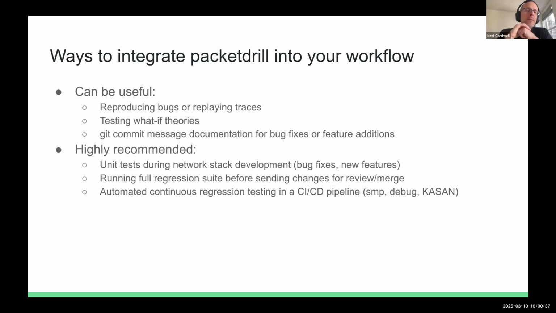We do find it very useful to use Packetdrill in the following three ways. First, we find it really useful for creating unit tests during network stack development. So whether you're fixing a bug or adding a new feature, it can be useful to make sure that your feature is really behaving exactly as you expect on a packet by packet level or system call by system call level.